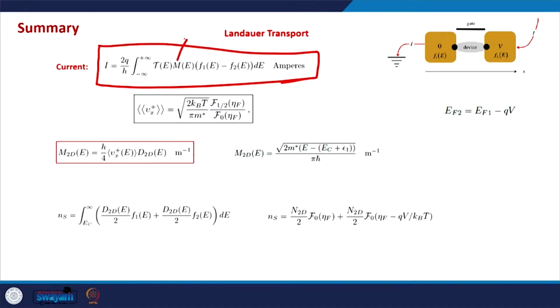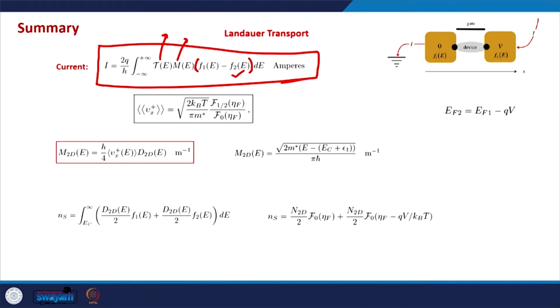One is the number of modes in the channel, second is the transmission coefficient of the channel, and third is the difference between the Fermi functions of the source and the drain. This term is quite important, as it is the driving factor, because if F1 is equal to F2, the current becomes 0 and there is no current, essentially; equilibrium is there.